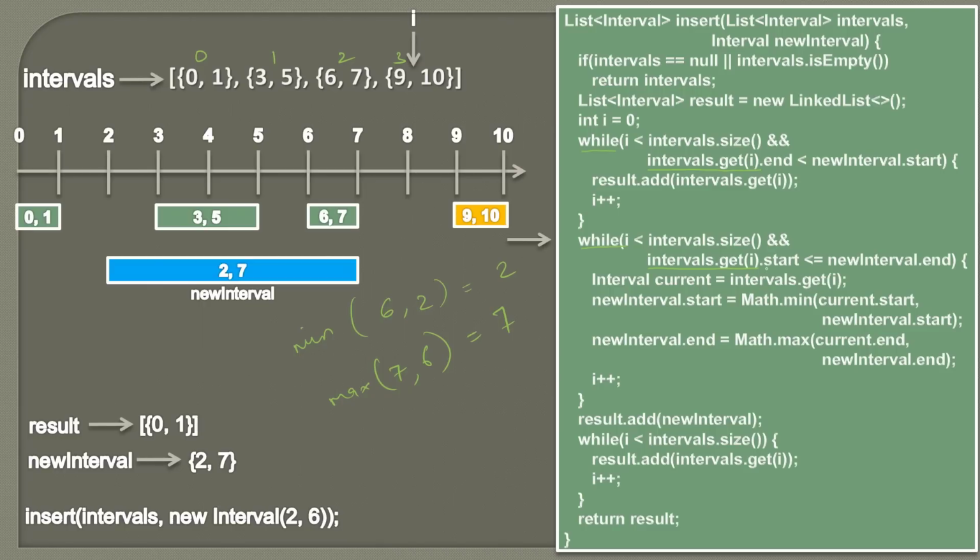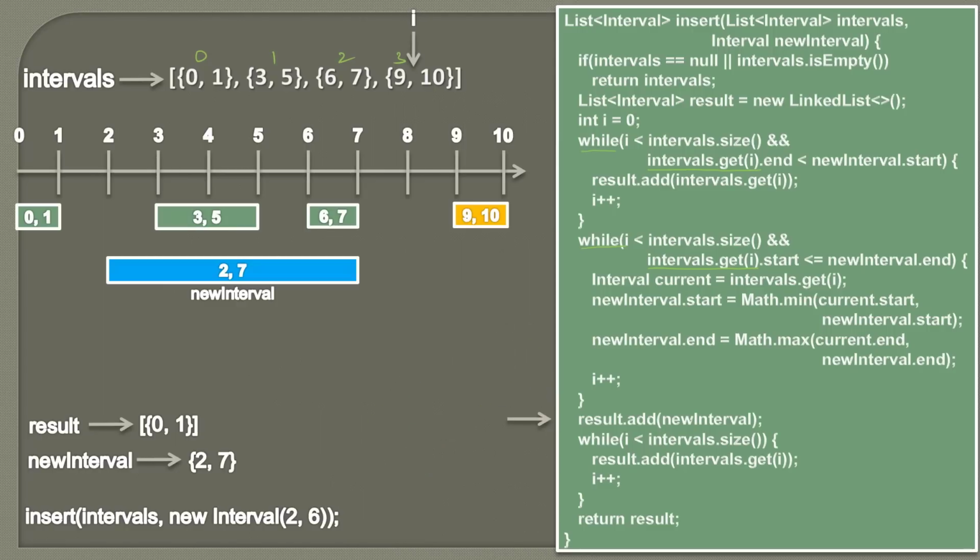So if we compare its start with new interval.end, 9 is less than or equal to new interval.end, which is 7. So this condition comes out to be false. It means 9, 10 is a remaining element and it doesn't overlap with 2, 7. So we can directly add this 9, 10 and all the elements after that via this while loop. So this condition comes out to be false.